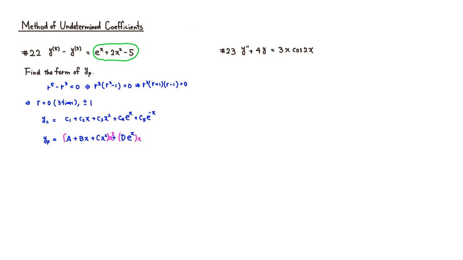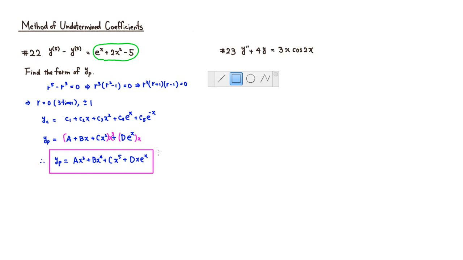Therefore, the form of the particular solution is going to look like this: A x cubed plus b x to the fourth plus c x to the fifth plus d times x times e to the x.